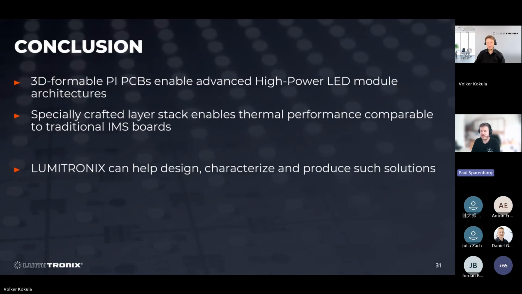We have experienced cases in which customers used very good thermal conductive layers in aluminum PCBs, like 8 watt per meter Kelvin, but the PCB was actually not performing as well as other aluminum PCBs with only 3 watt per meter Kelvin.